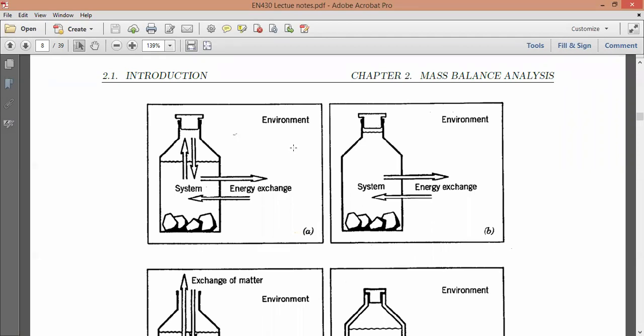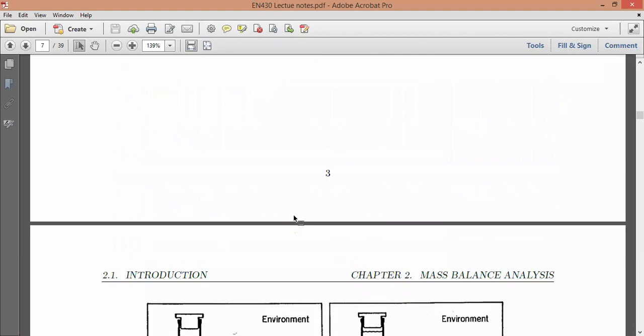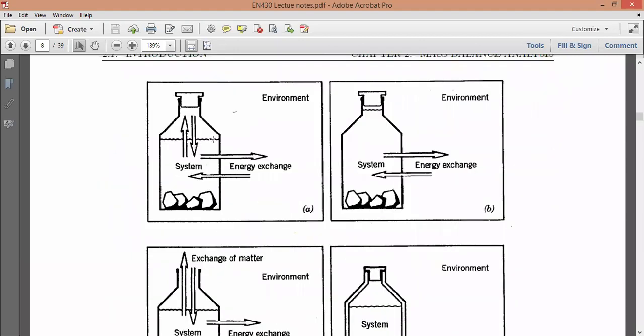Okay, the next one is B. This one has energy exchange with the environment and also within the system itself. So it has internal exchanges. System A has internal exchanges.